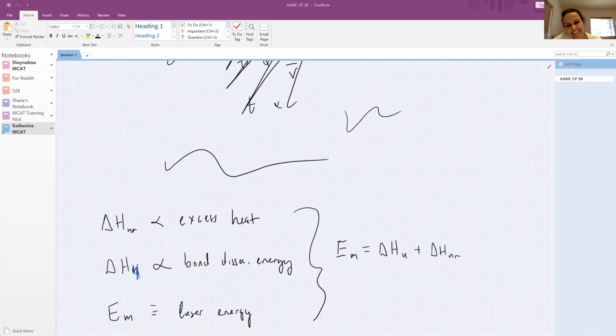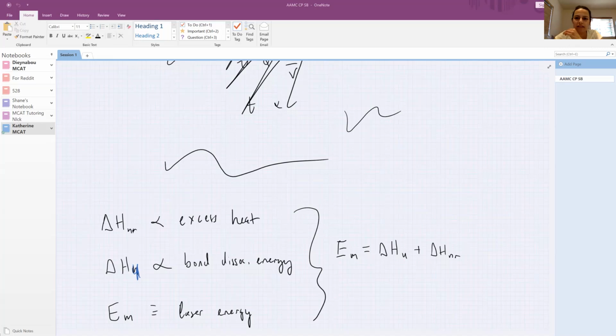Okay, hold on, let me see. If there is no excess heat... So what you said was there's going to be no reading on the energy meter, so it would be 0. And that's what they're asking. They're asking what's the reading of the energy meter.